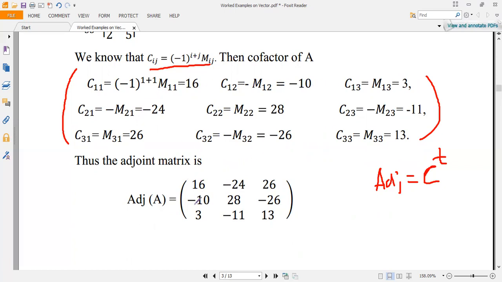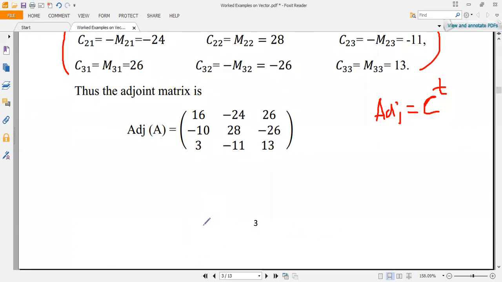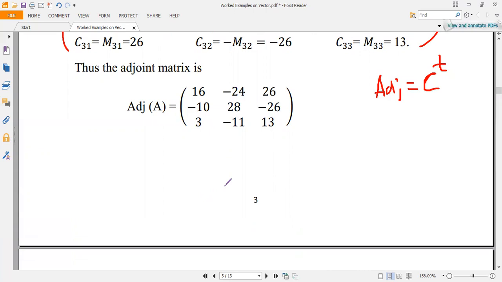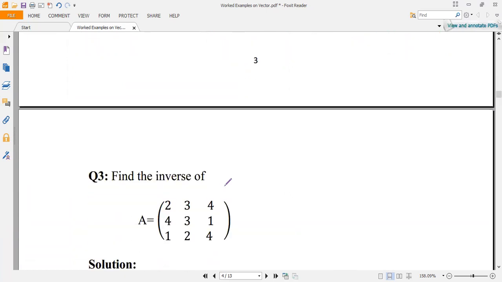Then minus 24, 28, 11 in a column. Writing in that form, we get the adjoint of the matrix, after computing the minor and cofactor and transposing the cofactor matrix.